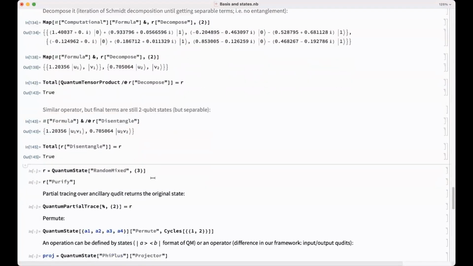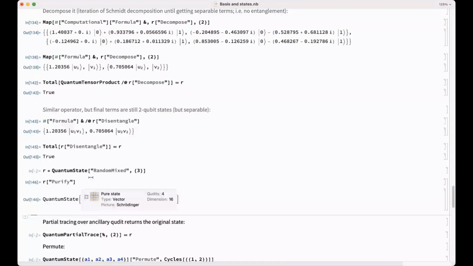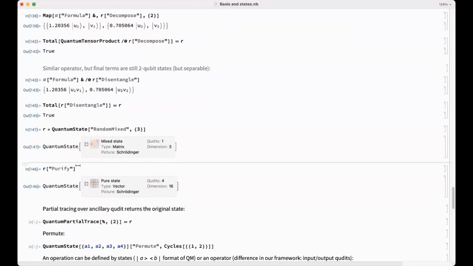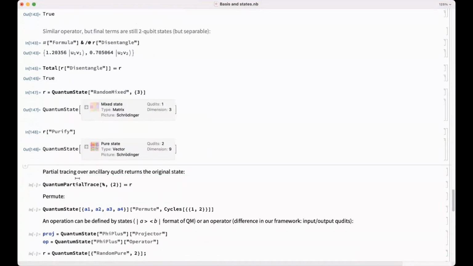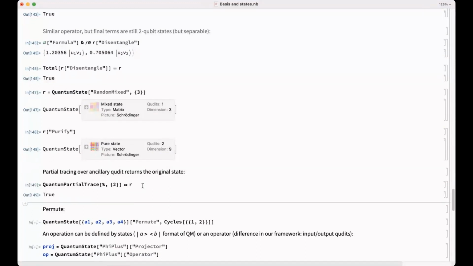We have a bunch of stuff like this. We have a purification, which is a more abstract thing. If you're given some mixed state in 3D and you purify it, it means that if you trace out one of the systems, you should get the original one.